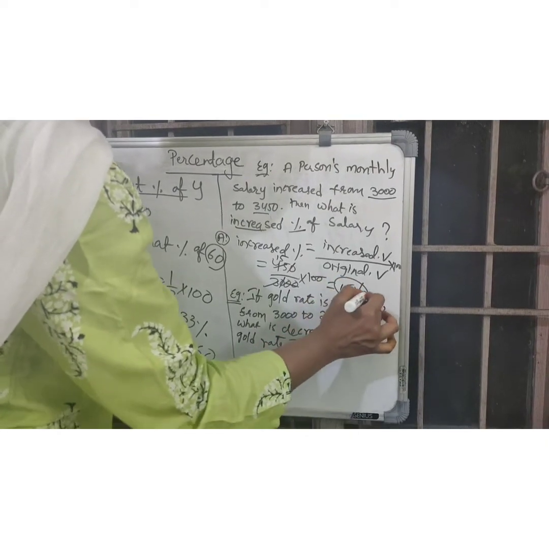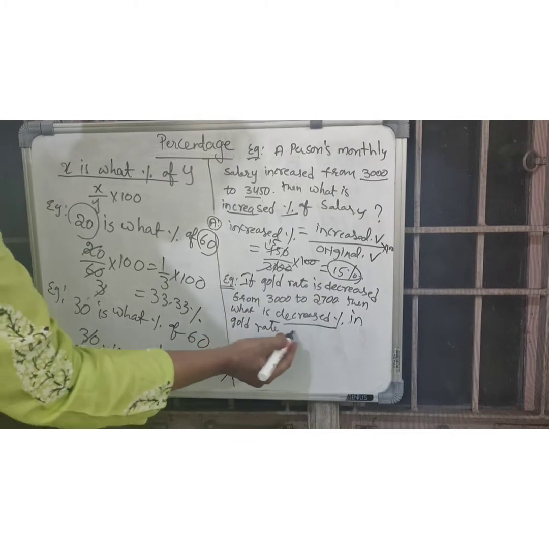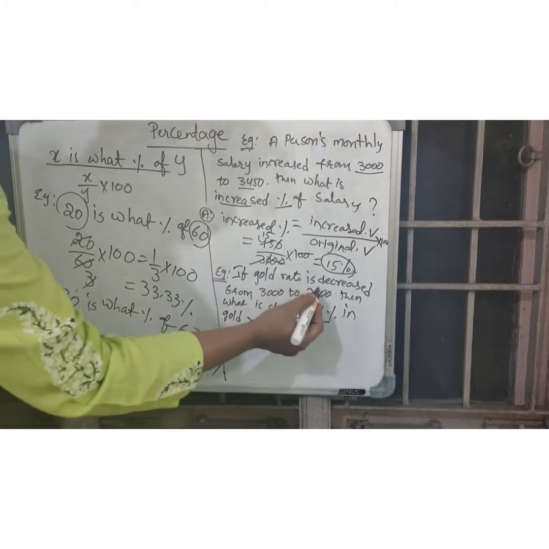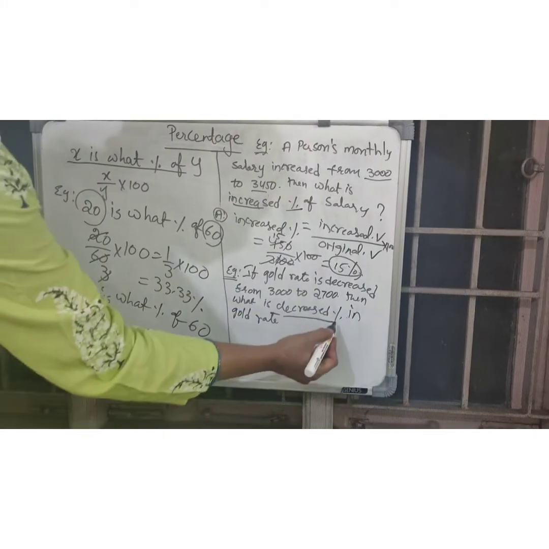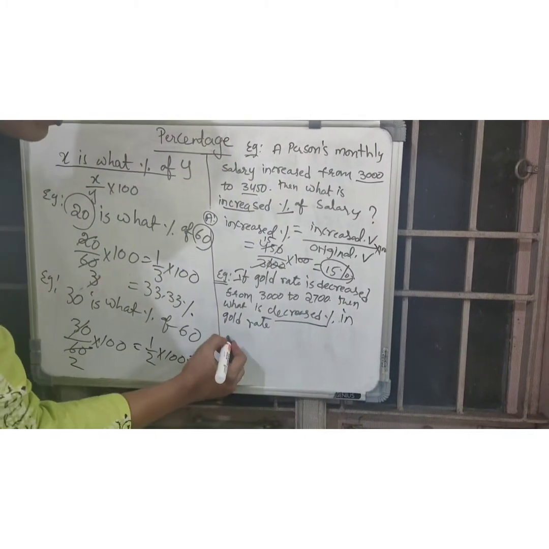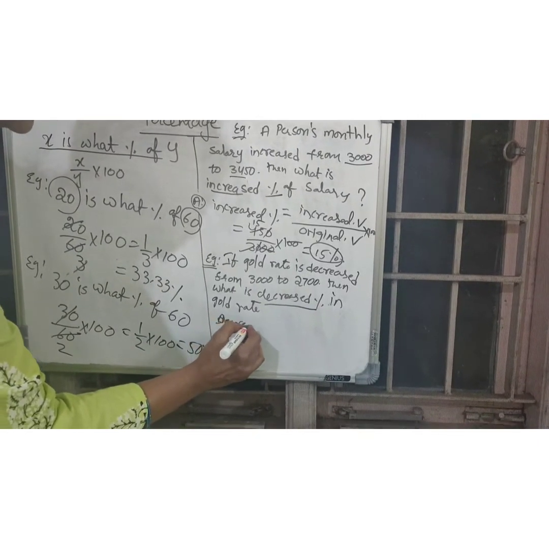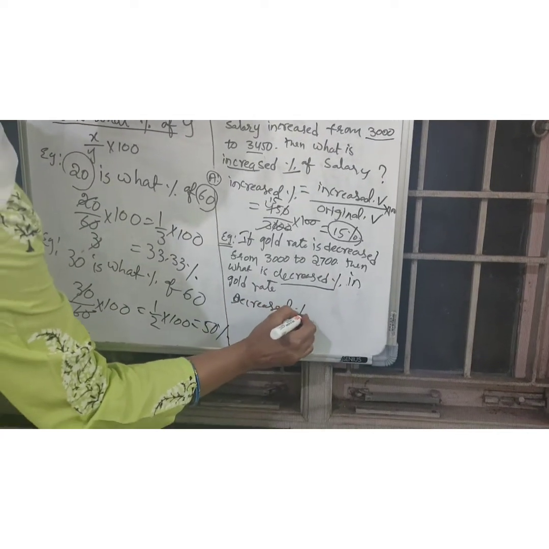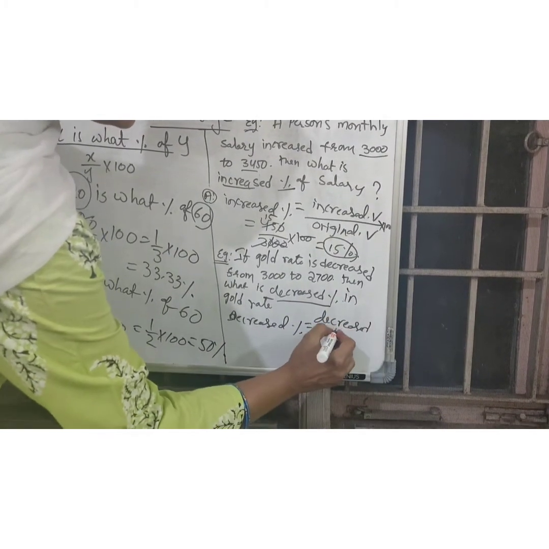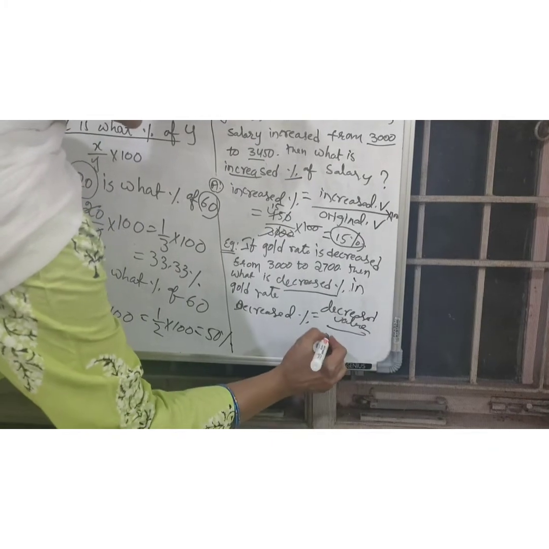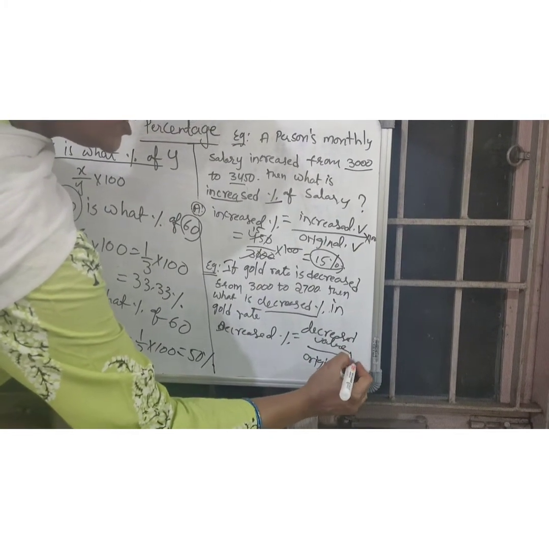It is 15%. In the same way, we will try to find decreased percentage. If the gold rate is decreased from 3,000 to 2,700, then what is the decreased percentage in gold rate? Decreased percentage is equal to decreased value by original value into 100.